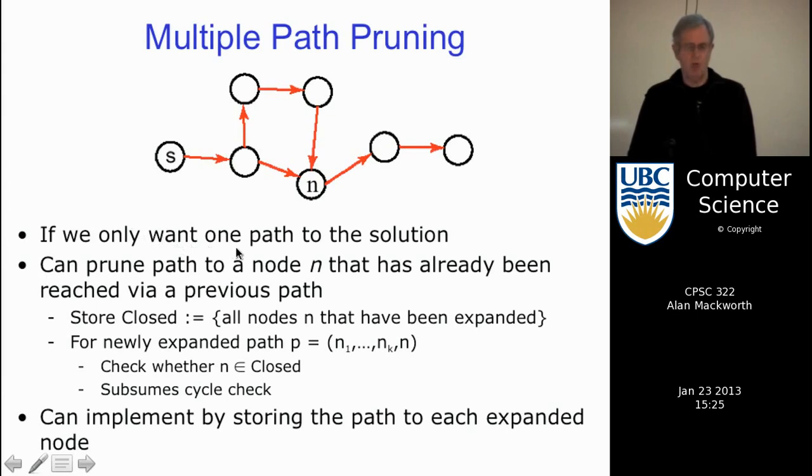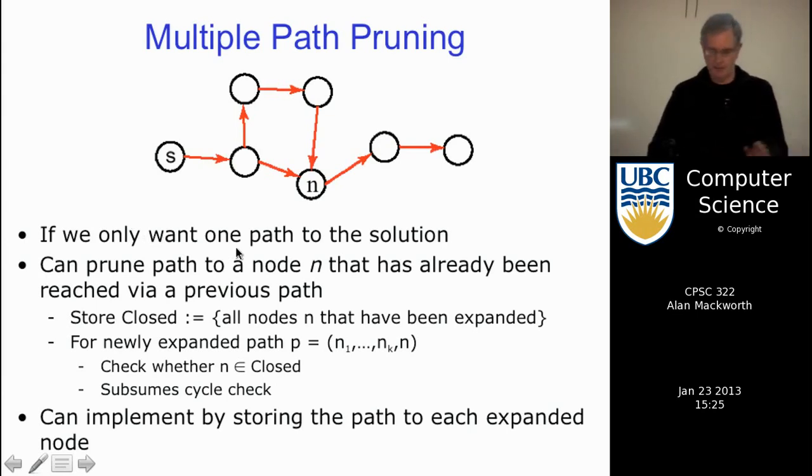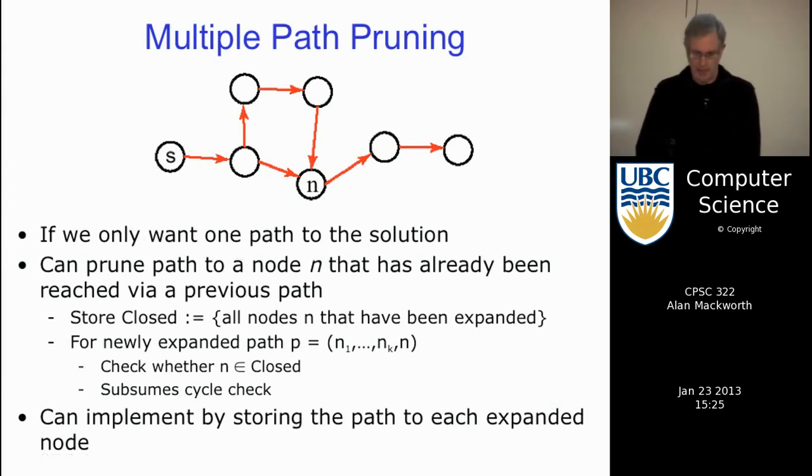But suppose you only want one path to the solution, not necessarily the optimal path. Then you can prune a path to a node n that's already been reached by a previous path, right? So we're not talking about cycles here, so we can't use the cycle check. The way to do that is to have a data structure, probably just a list, that's called closed. If you look on Wikipedia for A star, you'll see closed used quite a bit.